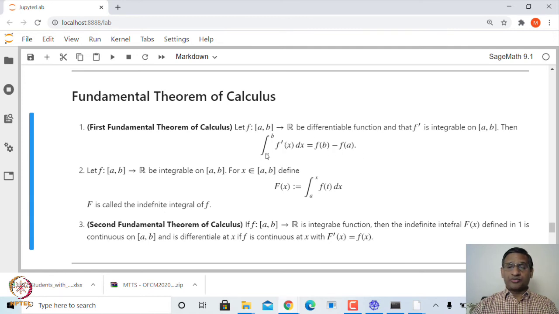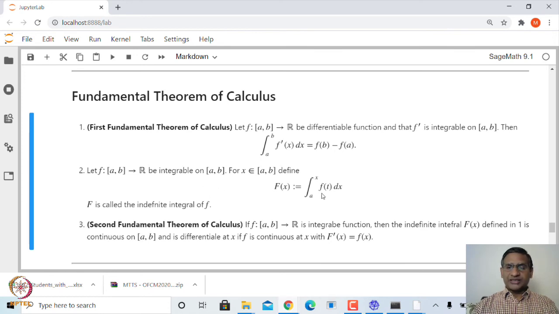So, that is how you find the integral. In order to find this integral, you need to find the function whose derivative is the integrand, and then you look at the difference.